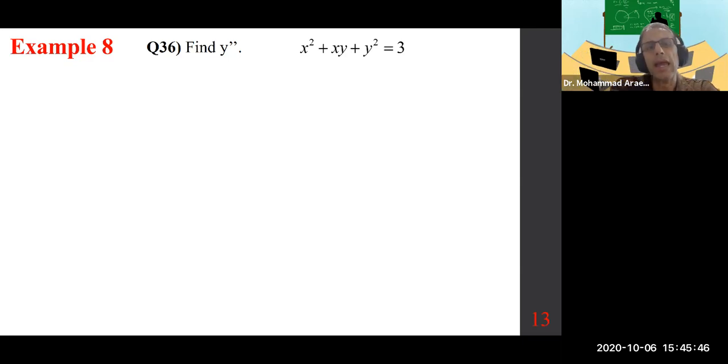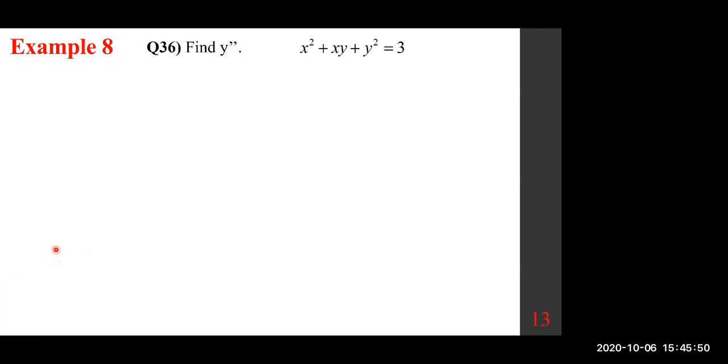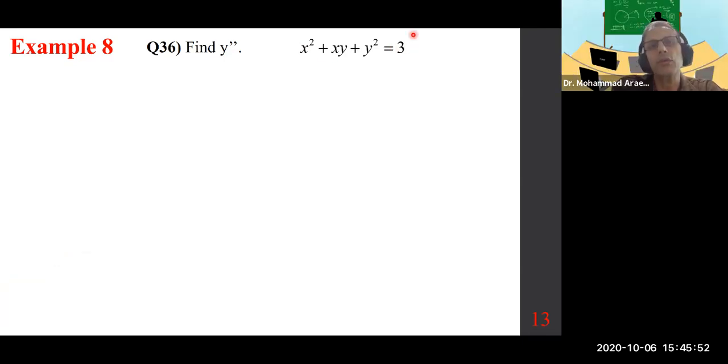So to do that, let's do it one by one. X squared gives 2x. Put a raised dot between x and y, and now it's the product rule. X gives you 1 times y. Y gives you y prime times x.